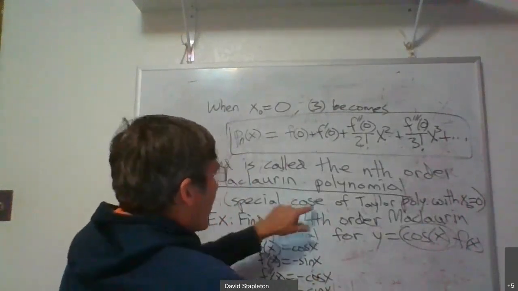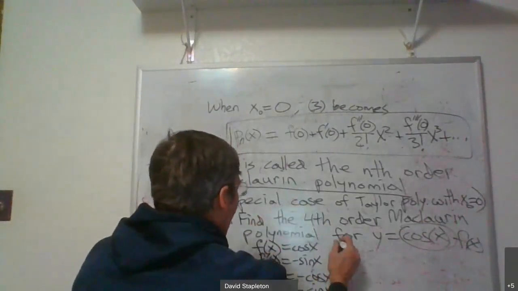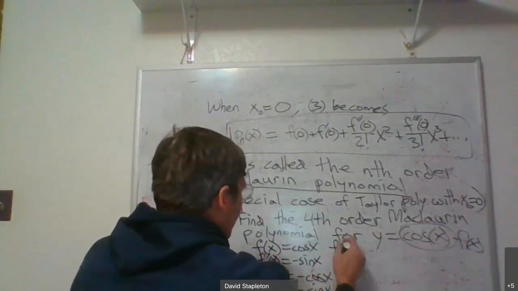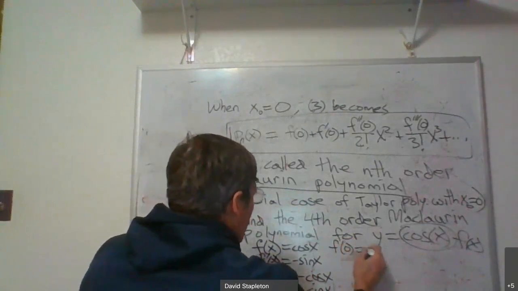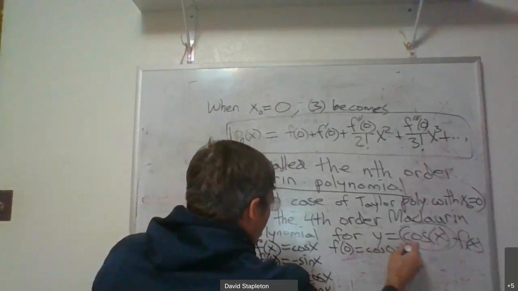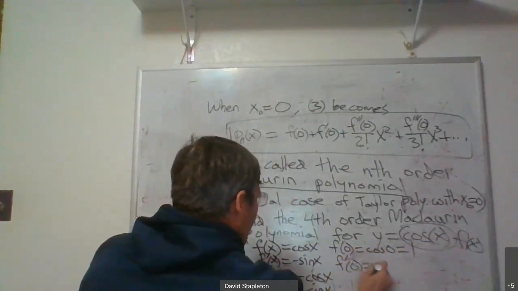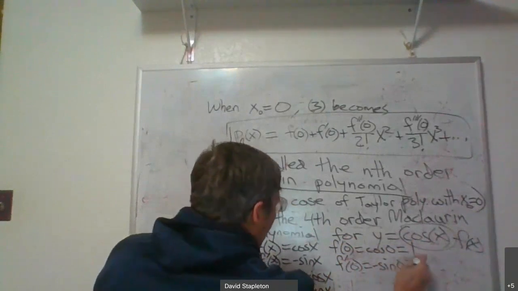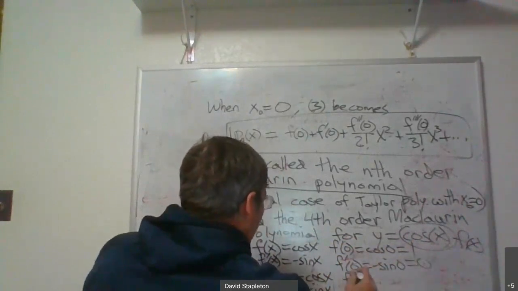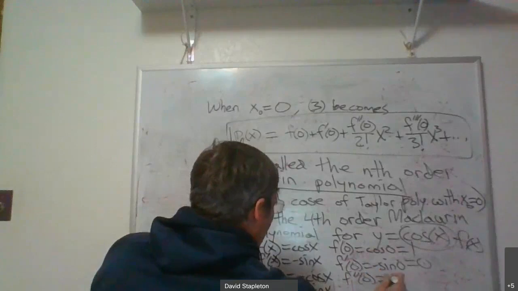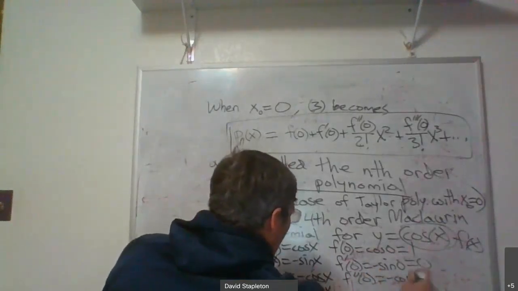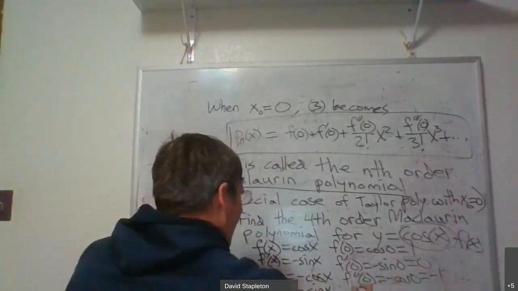Now what we really need for the Maclaurin polynomial is f and its derivatives at 0. So f of 0 is cosine 0. Oh, it's 1, right? F prime at 0 is minus the sine of 0. That's 0. F double prime at 0 is minus 1.